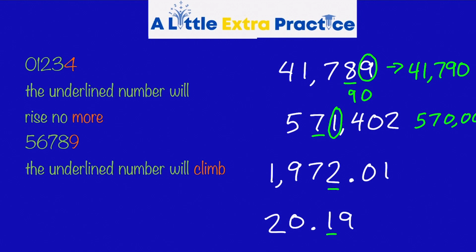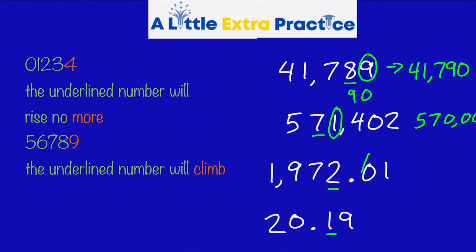1,972 and 1/100th. I included this one to show you that it doesn't matter how large the number is or how small the number is, whether it has a decimal or not. Every number, no matter how big or small, rounds the same. In this case, we're rounding to the nearest ones.